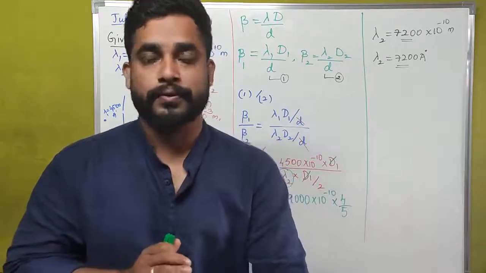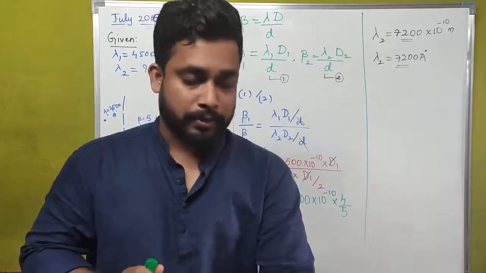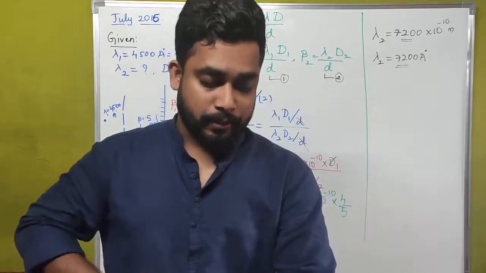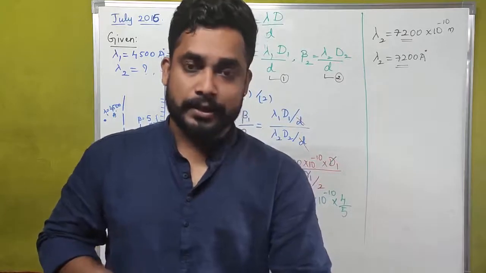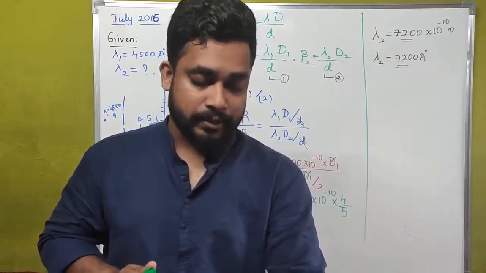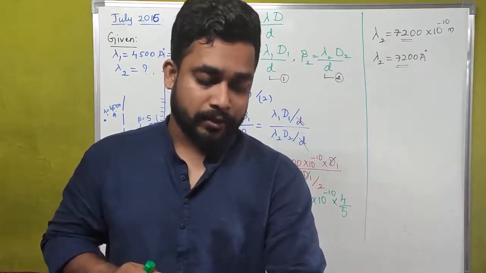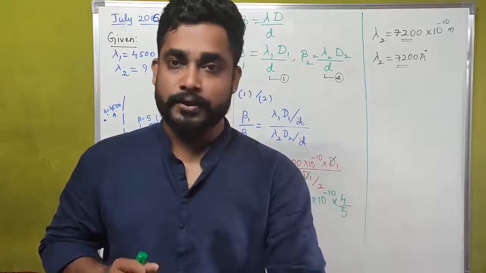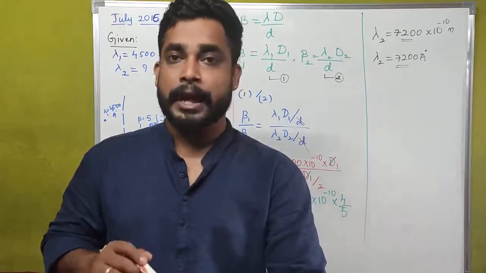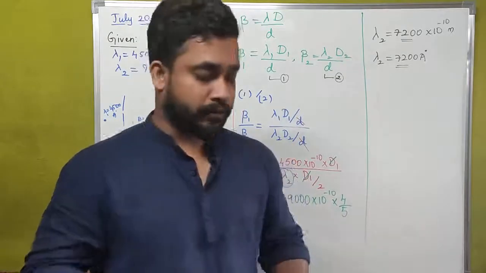Actually the problem is very simple as far as your wave optics chapter is concerned. In Young's double slit experiment, distance between the slits is 0.5 millimeter. When the screen is kept at a distance of 100 centimeter from the slits, the distance of the ninth bright fringe from the center of the fringe system is 8.835 millimeter. Find the wavelength of the wave.